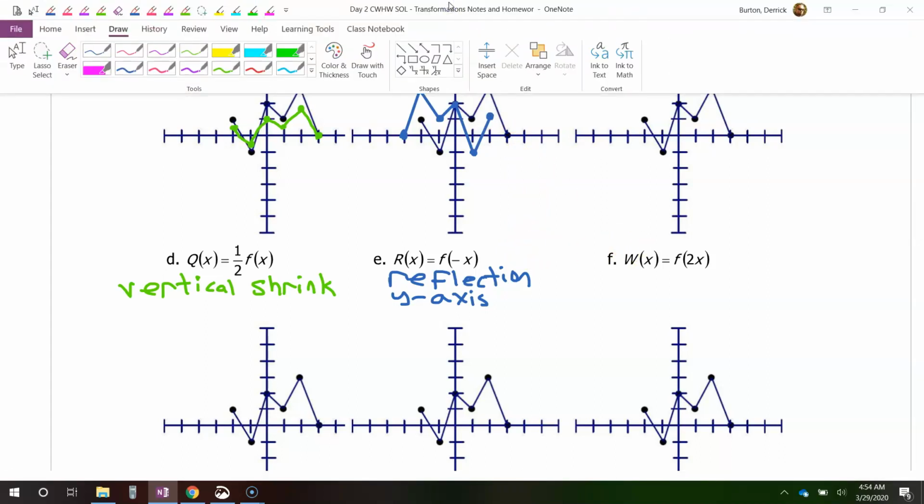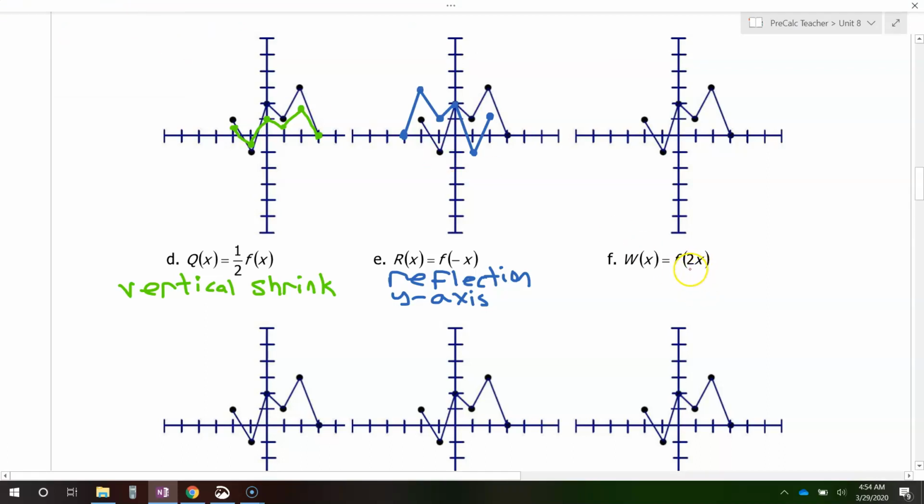All right, what about the next one? Now, this is a b value. That is going to be a horizontal, and it's actually going to be a compression or shrink. Everything on the inside is the opposite of what it looks like. So that's bigger than 1, so that actually makes it a shrink.